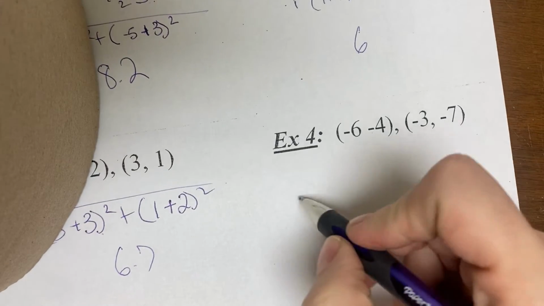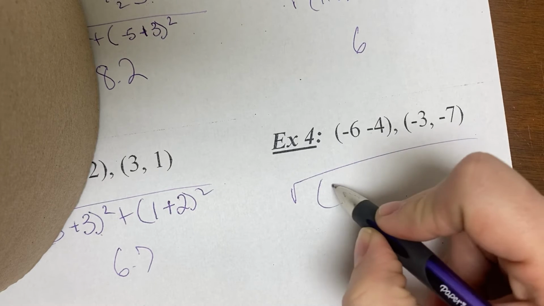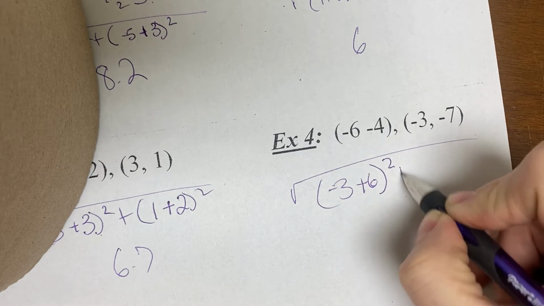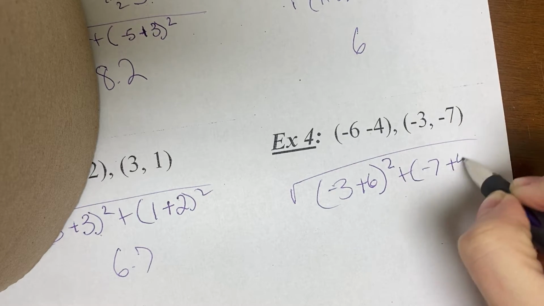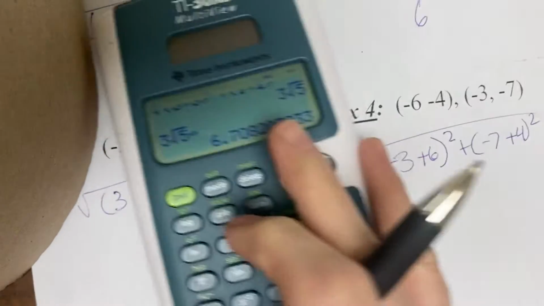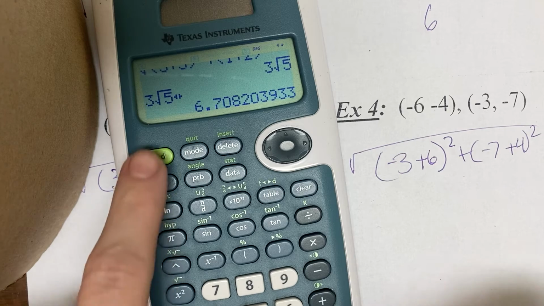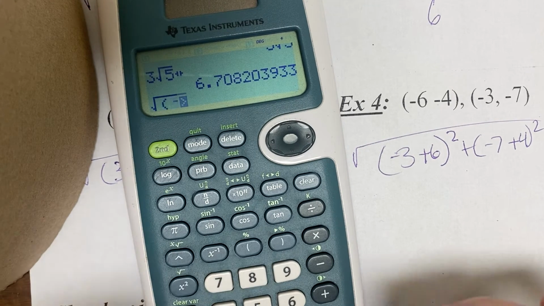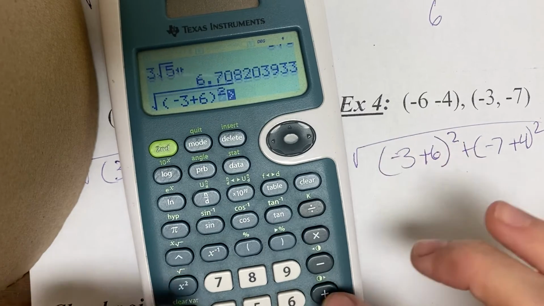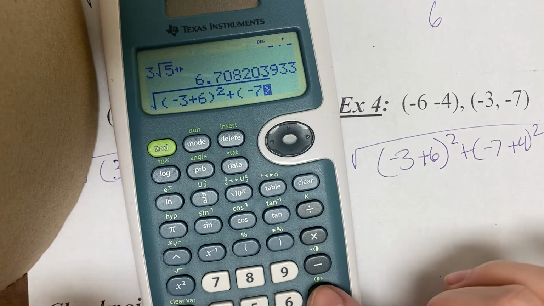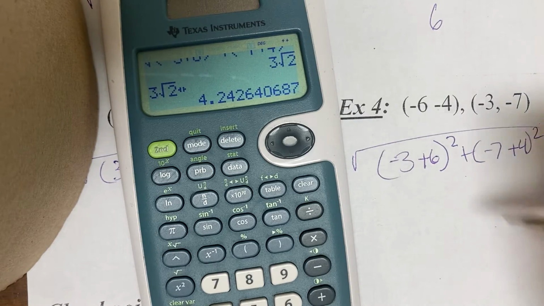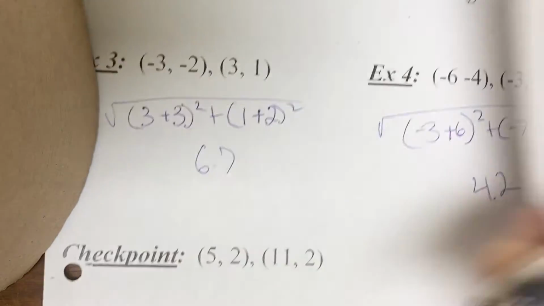And example 4. Negative 3 plus minus negative is plus 6. Okay, 4.2. And we won't do the checkpoint on the bottom.